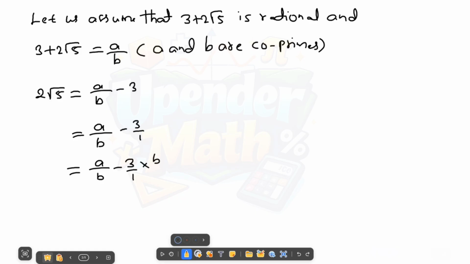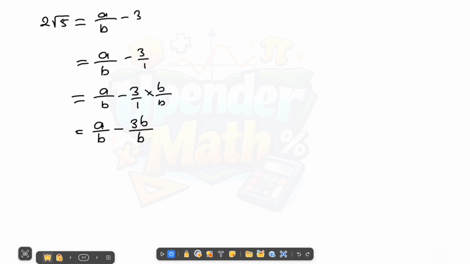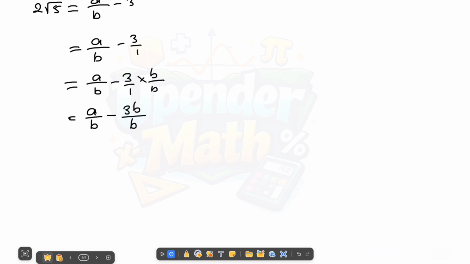Multiply and divide with b. Now it will become a by b minus 3b by b. Now denominators are equal. Add the numerators. Now this will be equal to a minus 3b by b is equal to 2 root 5.